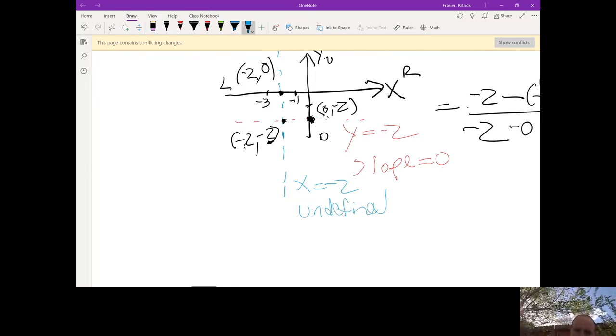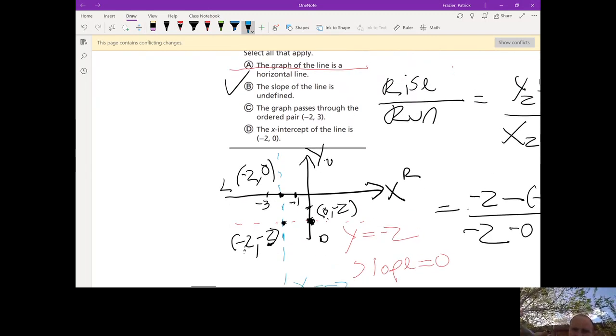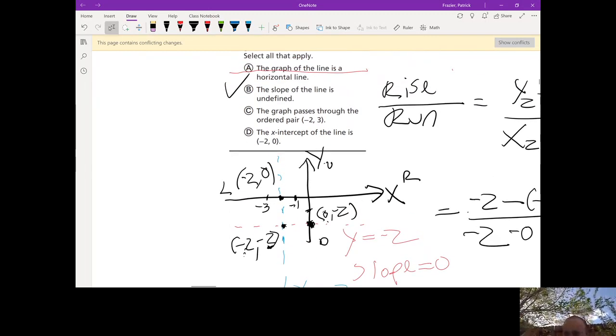So the point being, if you have a vertical line, it's always going to be an undefined slope, and if you have a horizontal line, like y equals something, that's always going to be a 0 slope.